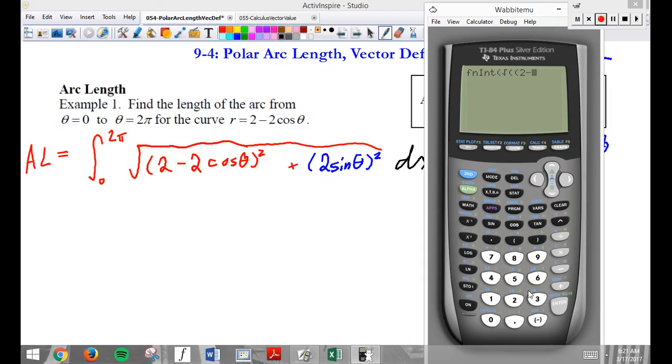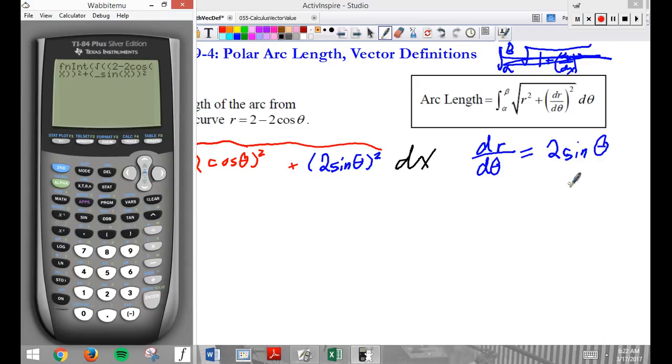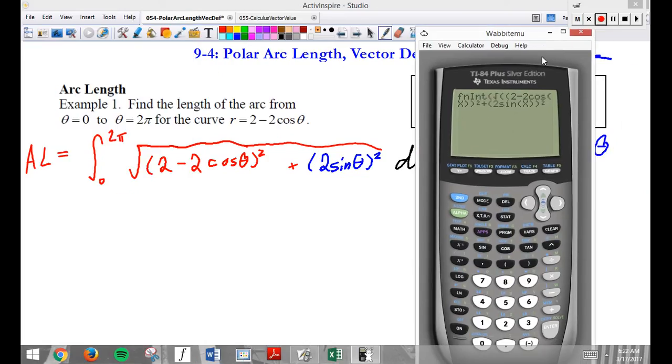You want to do 2 minus 2 cosine x. Oh man, it's not even doing it all in one line. Squared, like that. And then plus 2 sine x squared. I forgot a parenthesis right there. Oh man, what happened?